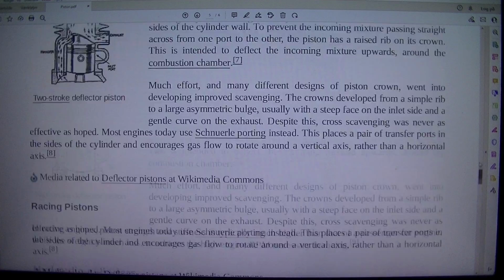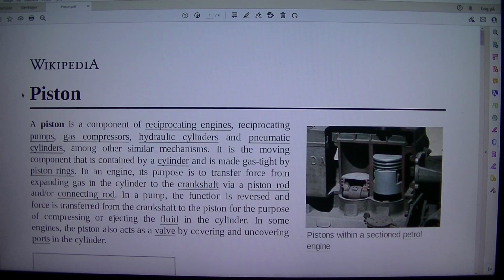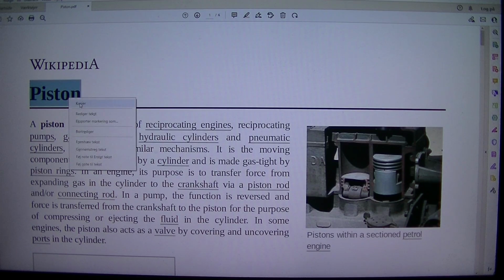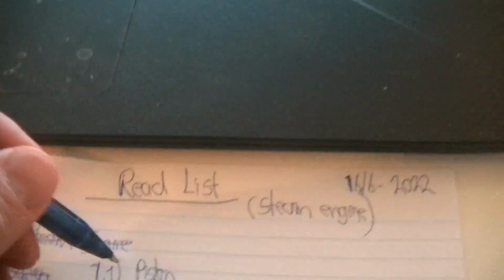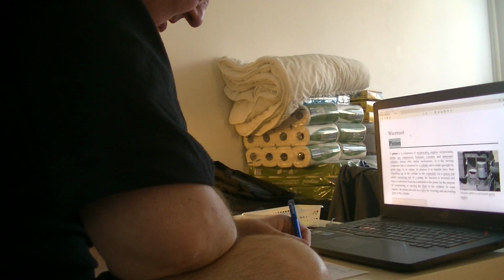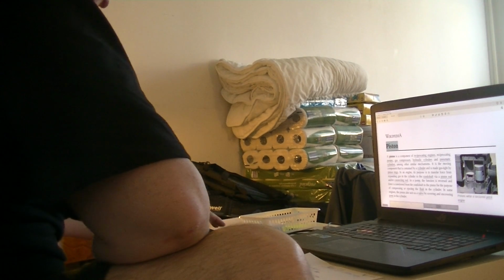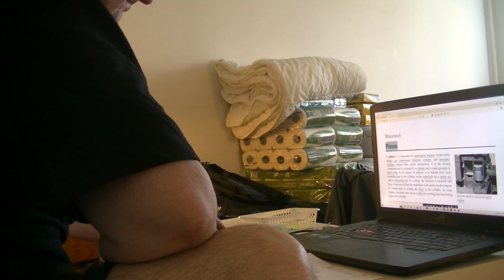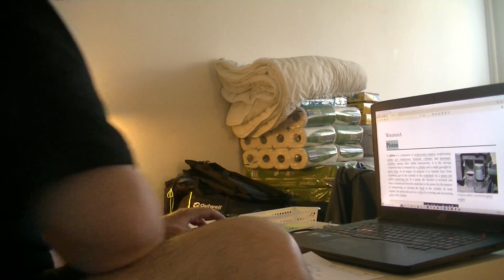On Wikipedia. Piston. So let's do this, but I have to put my camcorder down, and the video splits in four minutes. Let's search Wikipedia. I don't have Wikipedia open, so maybe I rebooted my computer, I don't remember.